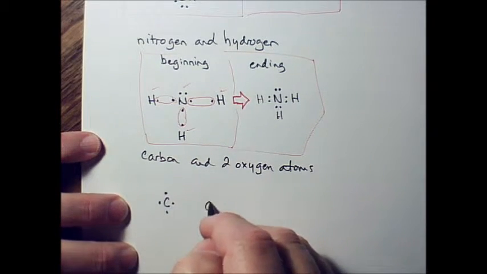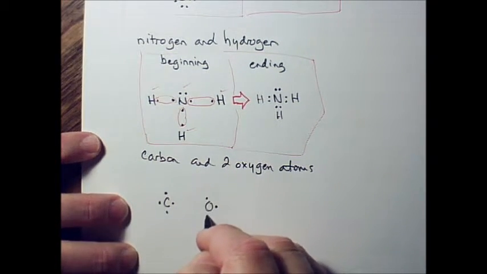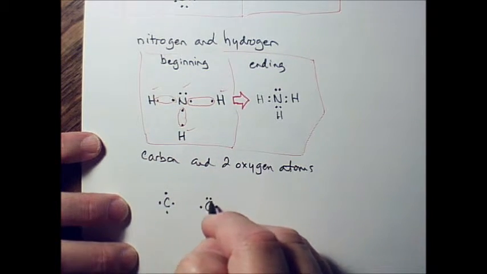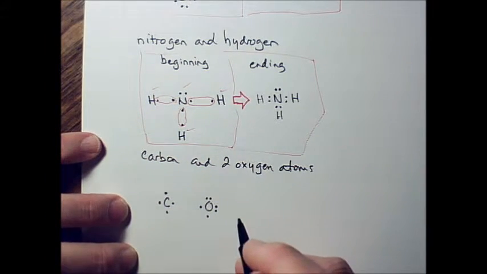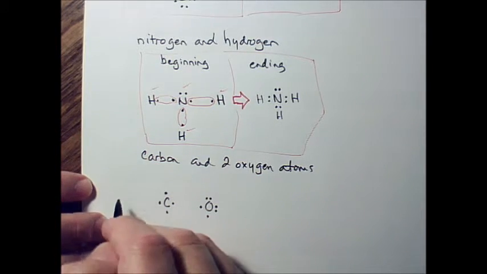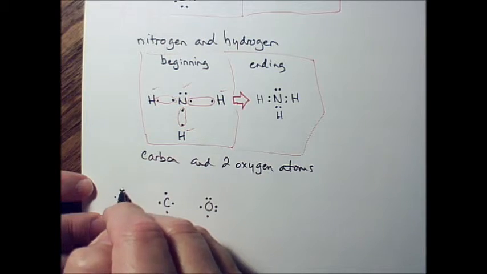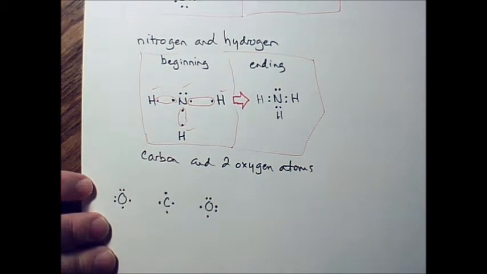Oxygen has 6. 1, 2, 3, 4, and this is the way you write the electron dot notation. You put 1 dot on each of the 4 sides and pair up as needed. So I need to have 2 more electrons here paired up in order to get to 6. So another oxygen here, 2, 3, 4, and pair up as needed.